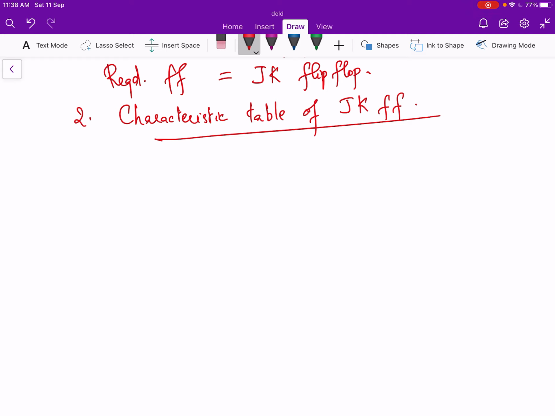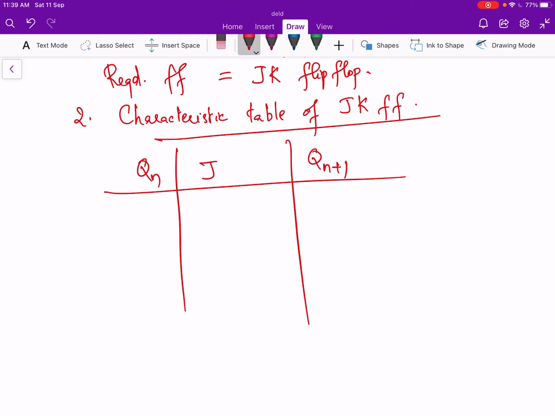In the characteristic table, we'll be writing Q1 plus 1, that is the next state, in terms of the present state and the inputs J and K. So there will be 8 combinations for the input.